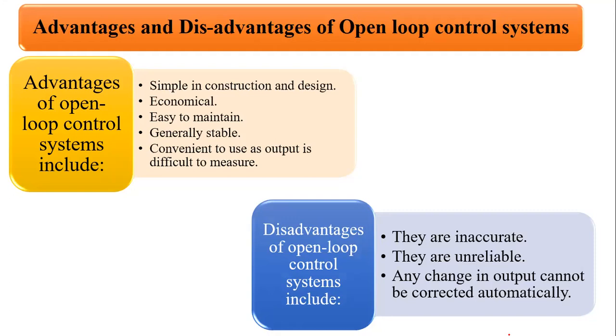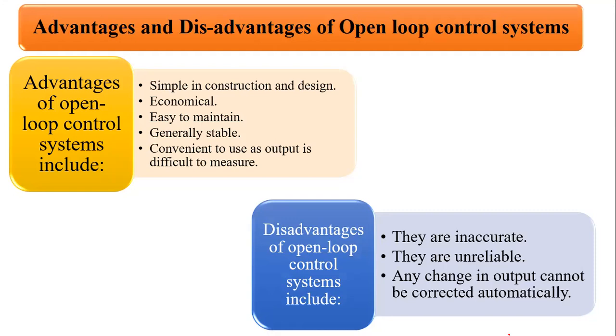Hence the controller doesn't know how the plant is responding. The controller will only assume that the plant would be responding in the desired manner, but there may be a possibility that the plant is not responding in the desired manner. So this may lead to inaccuracy, and hence open loop control systems are sometimes inaccurate.